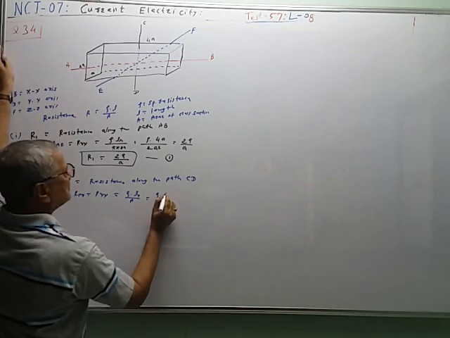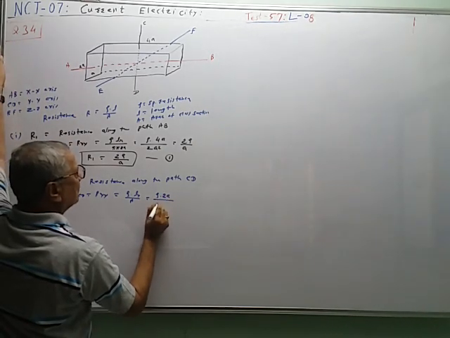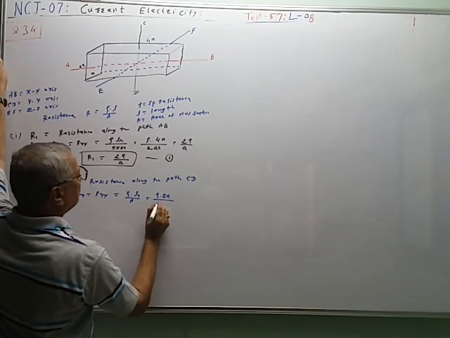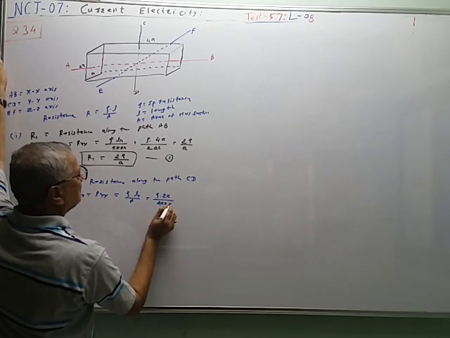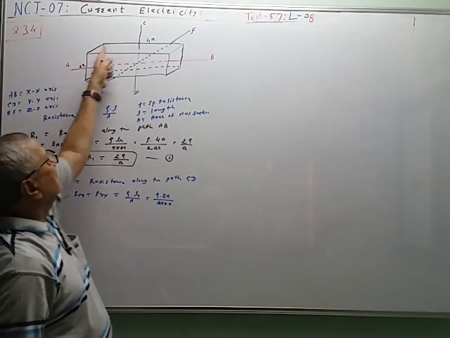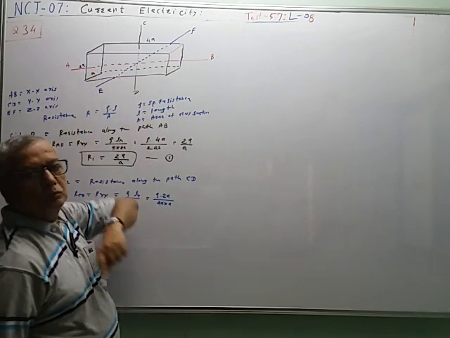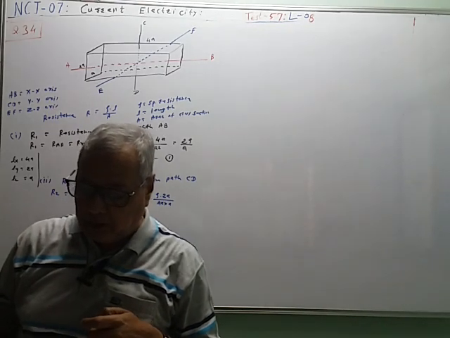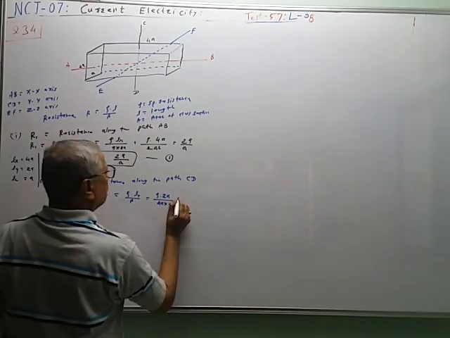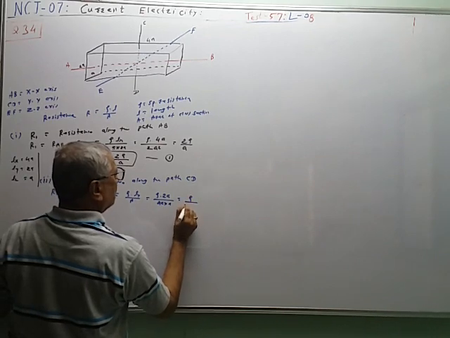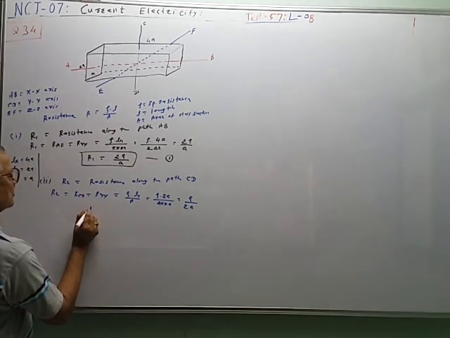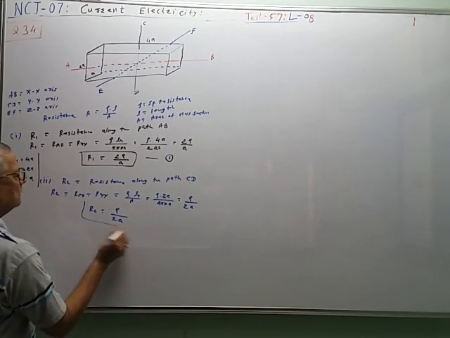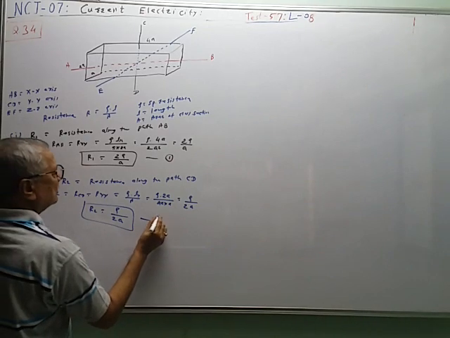Ly, the length along the y-axis, is equal to 2a. Now the area of cross section along this axis is 4a multiplied by a, that is 4a square. So this is equal to rho upon 2a. So R2 is equal to rho upon 2a. This is equation 2.